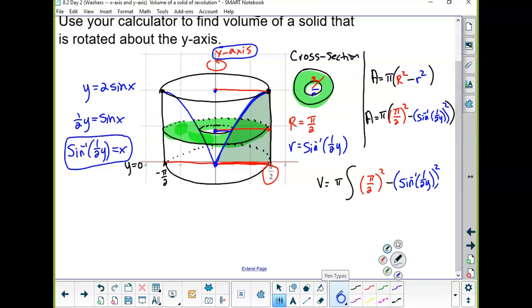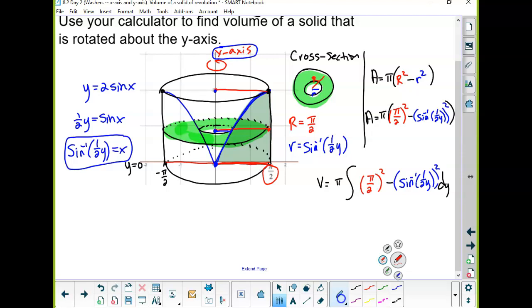I'll ask you guys, what goes at the end of the integral? dy. How come it's y? We're rotating about the y-axis. I have y in my equation, so I have an end in dy, and that means my bounds.